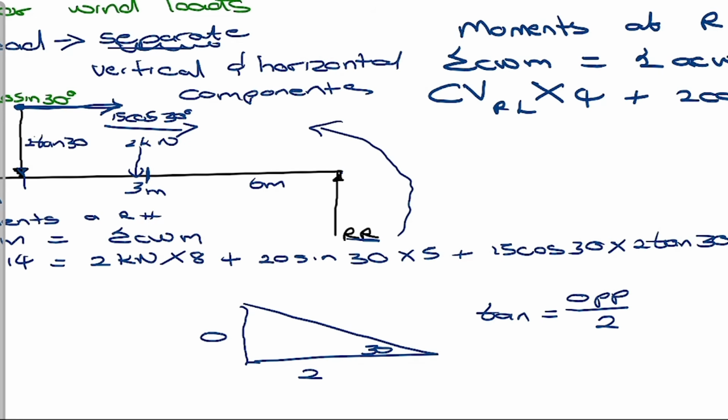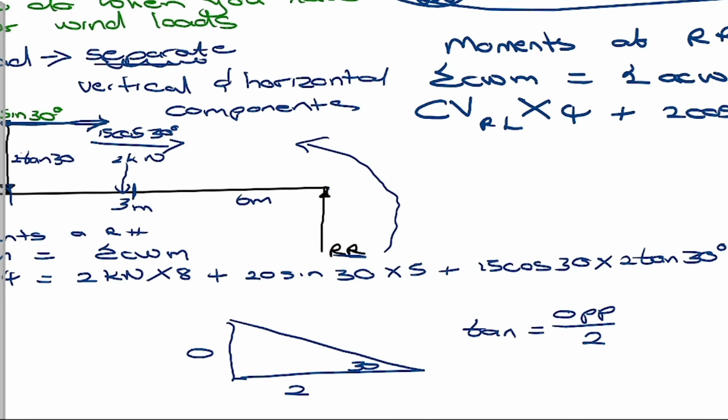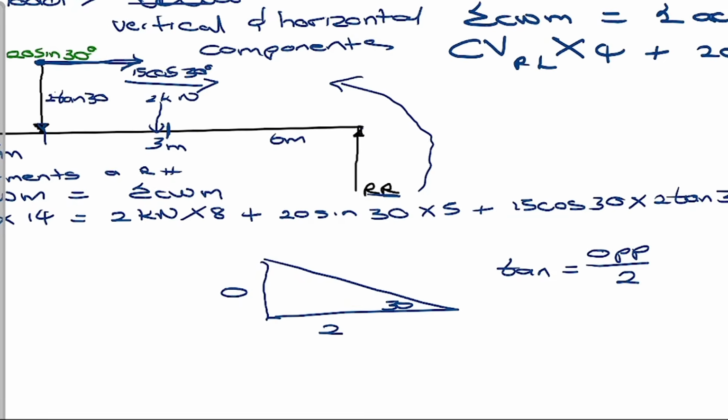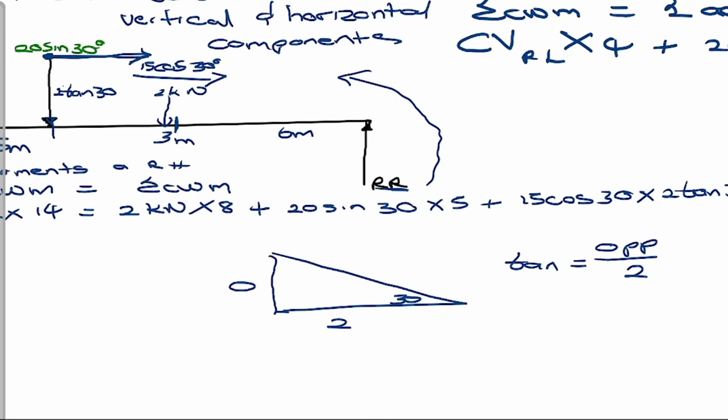And then what you do after this, guys, is you just pull your calculator out and you do the addition until you find out what the answer is. So when you find RR, that means you're sorted, and then you have to move on to finding your R hinge.